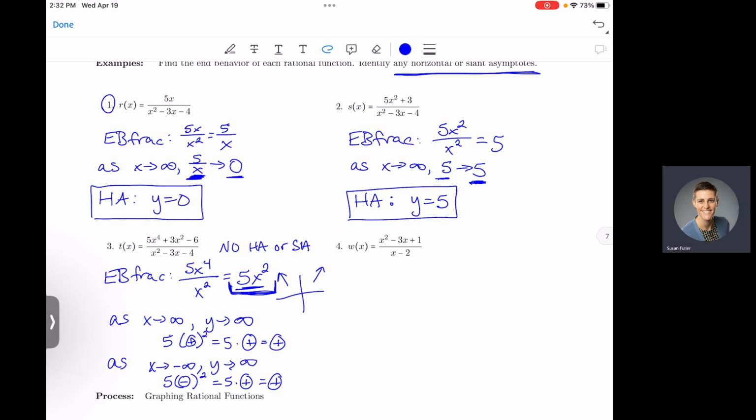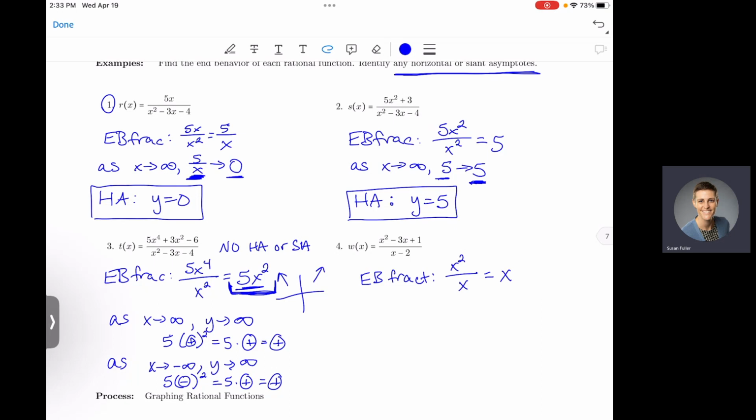All right, number 4. Our end behavior fraction here is going to be leading term on top, which is x squared, divided by leading term on the bottom, which is x. And that simplifies to x.